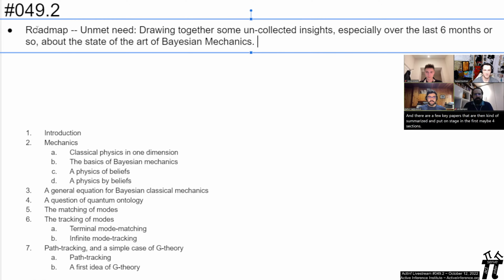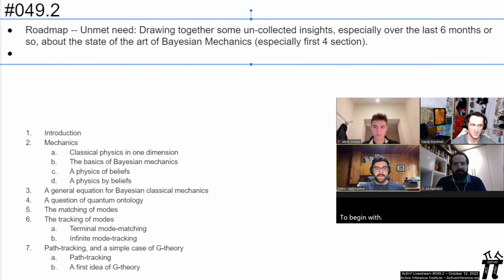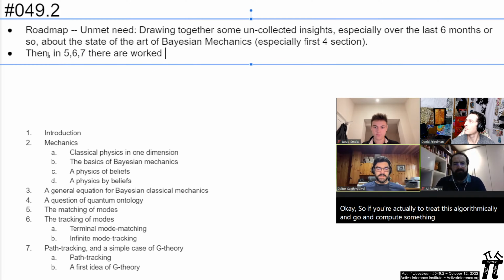And then sections 5 through 7 take all of that summary and put it into a worked example of what Bayesian mechanics looks like. So we have a lot of rigorous development to begin with, and then we actually use some of that in the wild and show, okay, if you were to treat this algorithmically and go and compute something using this framework, what would it look like?